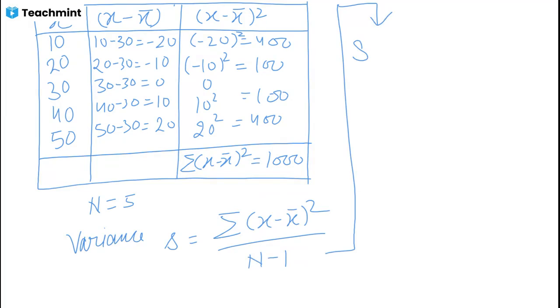Summation (x minus x bar) whole square is 1000, and n is 5 minus 1. So 1000 divided by 4, and we have 250. Got it?